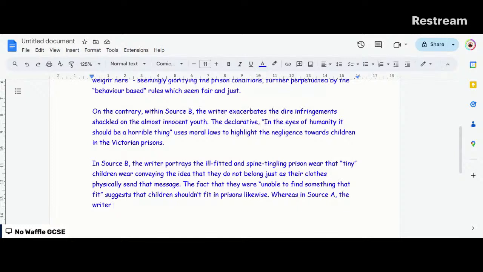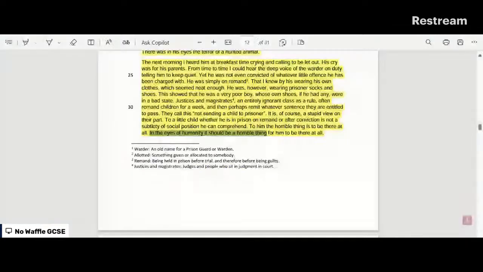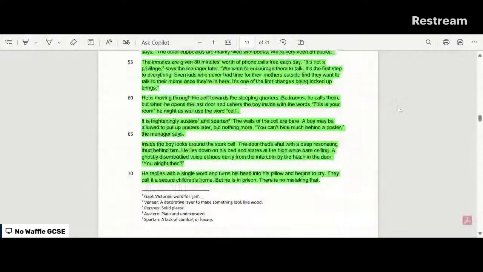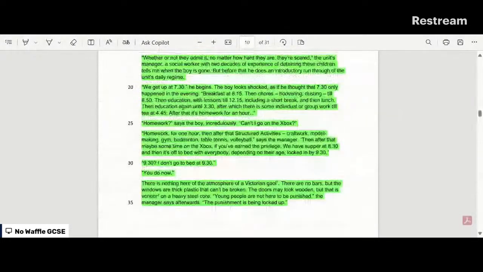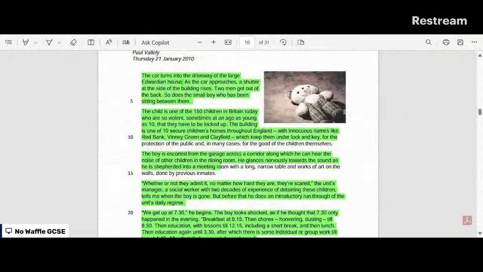Whereas in source A, the writer refrains from explicitly suggesting that the children do not or should not be locked up. And then we can give a quote that supports this. So it could be the quote where he's describing the kid's background and the kid's history. They're described as so violent.